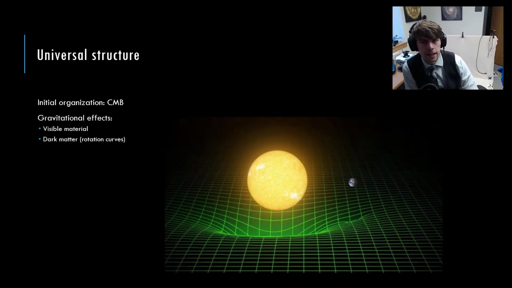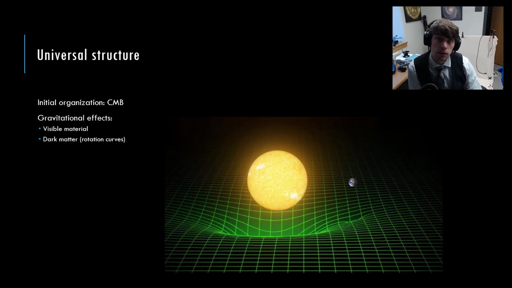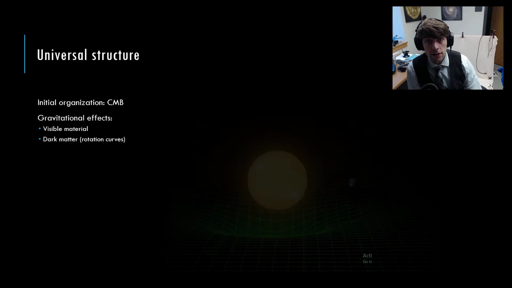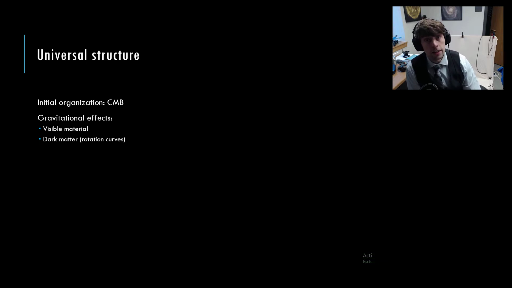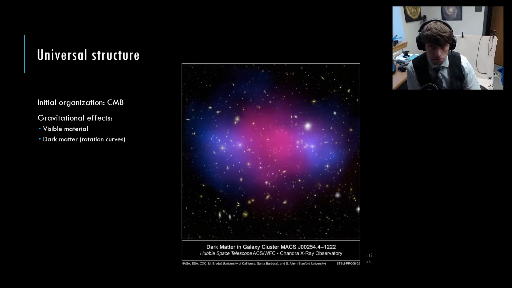What else do we have? Well, we have an idea about gravity. We have Einstein's theory of general relativity from 1915. We have a good idea about how gravity can affect light and how gravity forms stars, black holes, galaxies, etc., etc. In addition to that, we also have an idea about the gravitational effects due to dark matter.